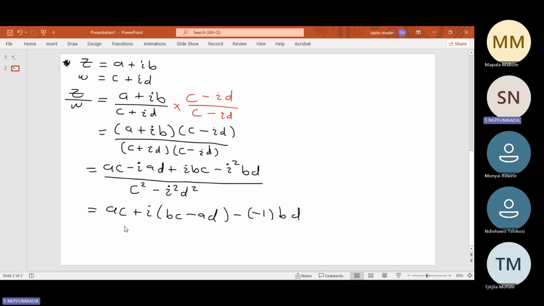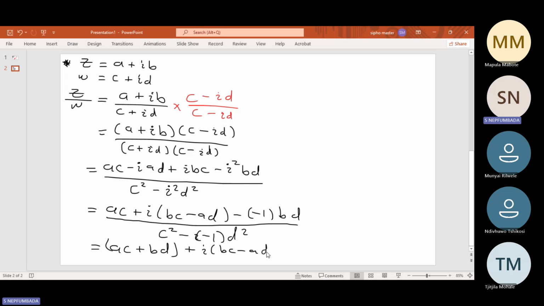Because we know that in mathematics, i squared is equal to minus 1. Then it means we've got minus 1 bd. Then this is equal to ac plus bd, plus i into bc minus ad.